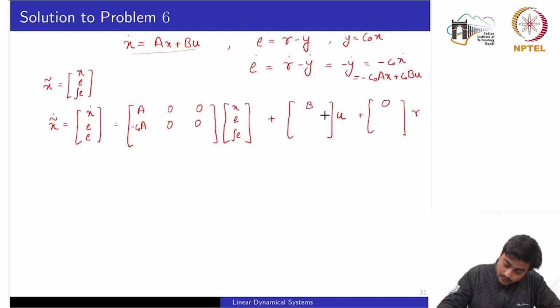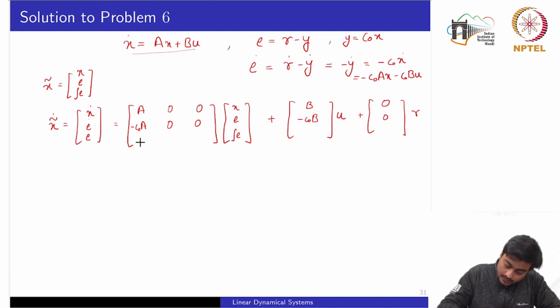With respect to u, this would be a negative sign. So here we would have minus C naught B, and again 0.